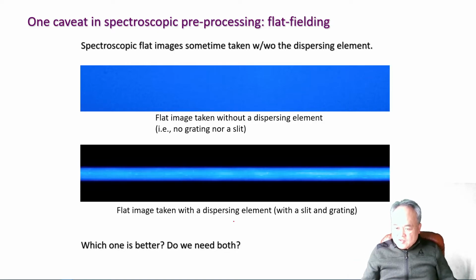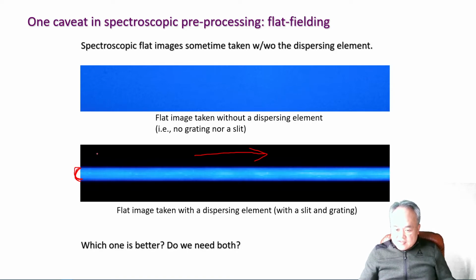In this particular example, the slit is a long slit, so that slit length is this. That's the length of the long slit. And the dispersion axis is increasing from left to right. And this is the grating spectroscopy observation.